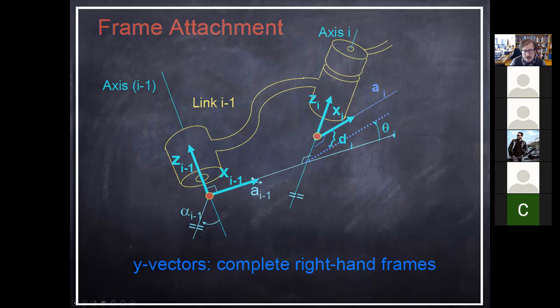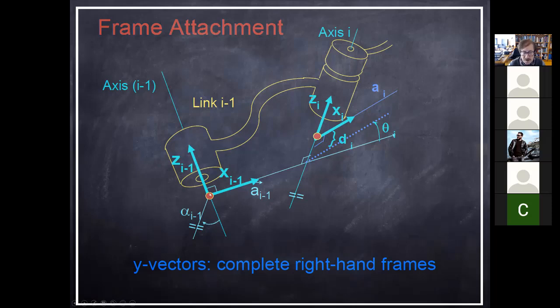Okay, so if x's are shown like this on the blackboard, so this simulates the blackboard, then now answer the question: should the y-axis be inside the blackboard or outside? I suggest you stop the video and try to answer this.